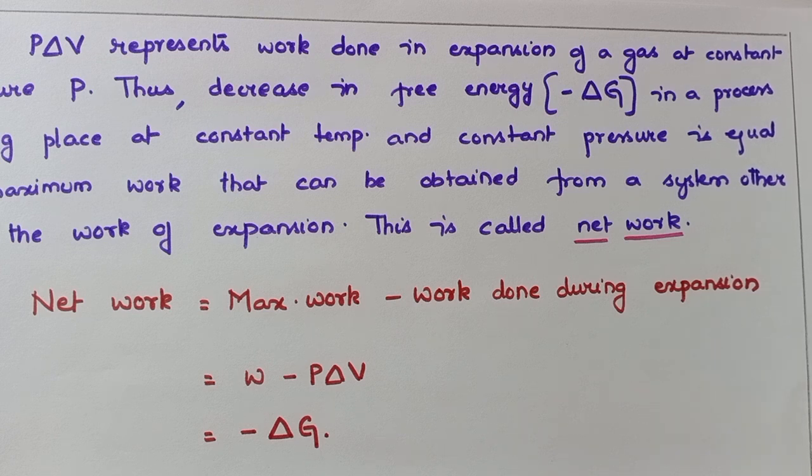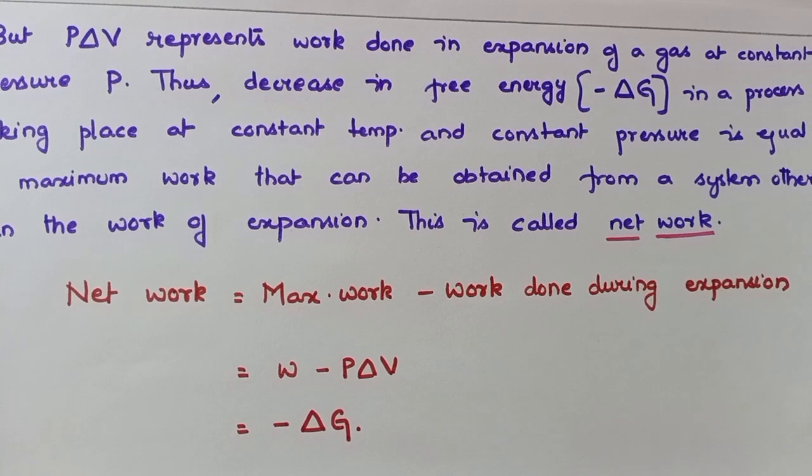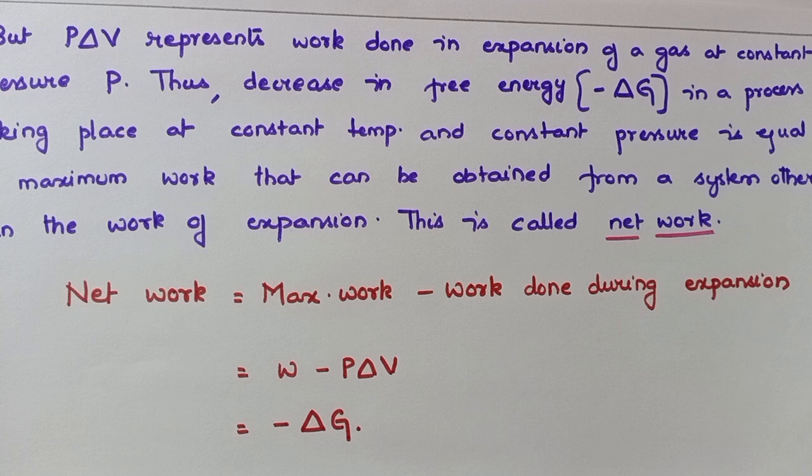Now, this is called as net work, not network. Don't combine the two words, students. Underline. Below write down. Net work is equal to maximum work done minus work done during expansion.